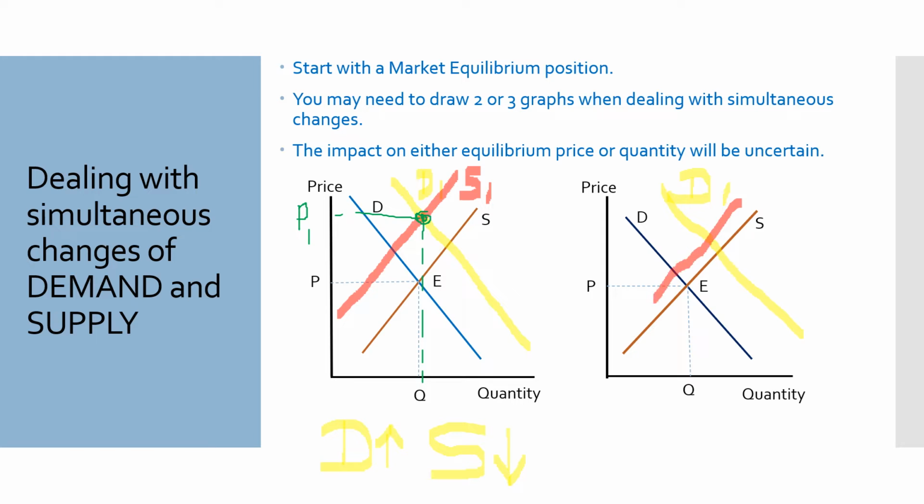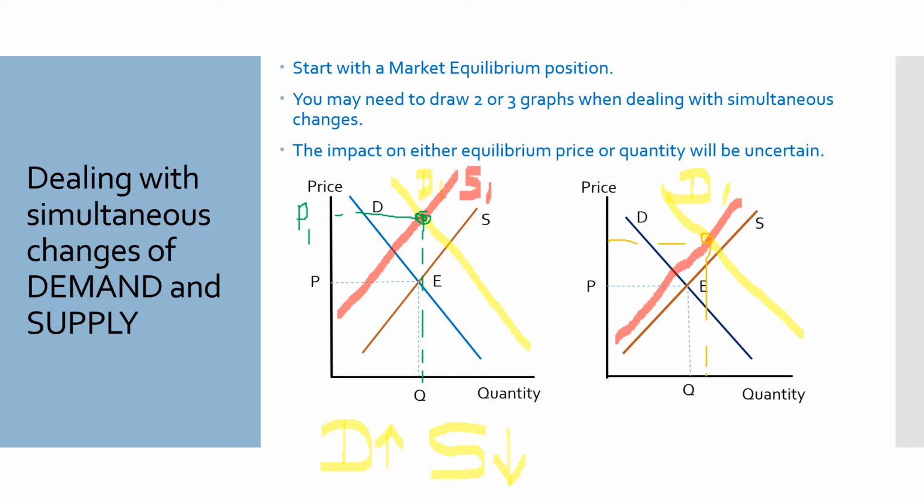So the impact on my supply curve was much less than the impact on my demand curve. And I go in and I say, all right, let's see where our new equilibrium is. There it is. No argument. We are certain about what will happen to the price. It will definitely still go up. But notice now what happens to my equilibrium quantity. My equilibrium quantity has increased. So the impact on equilibrium quantity is uncertain.